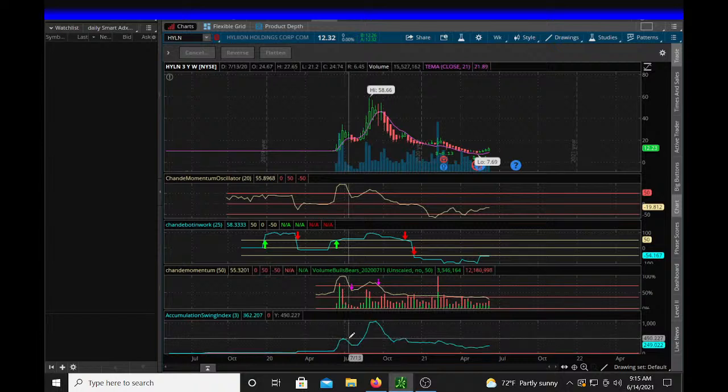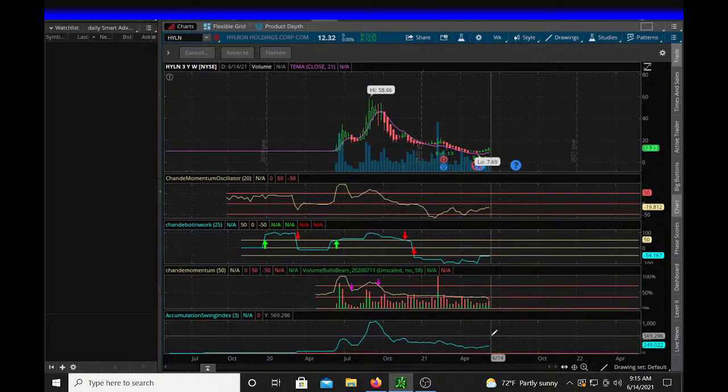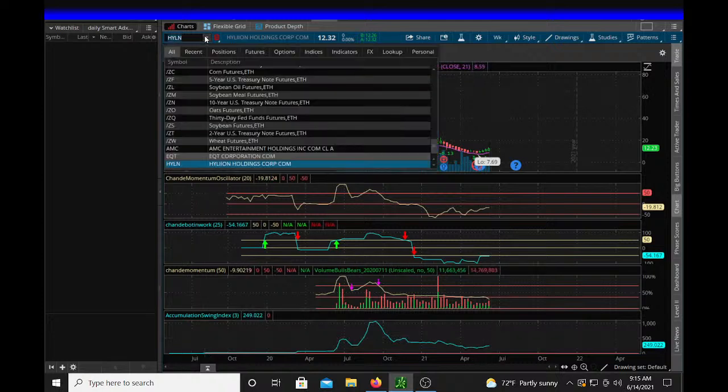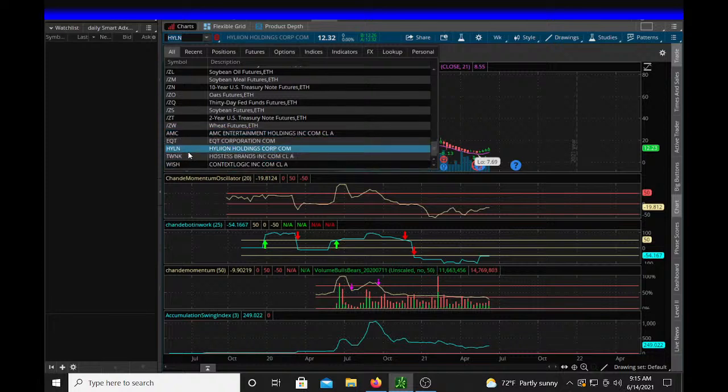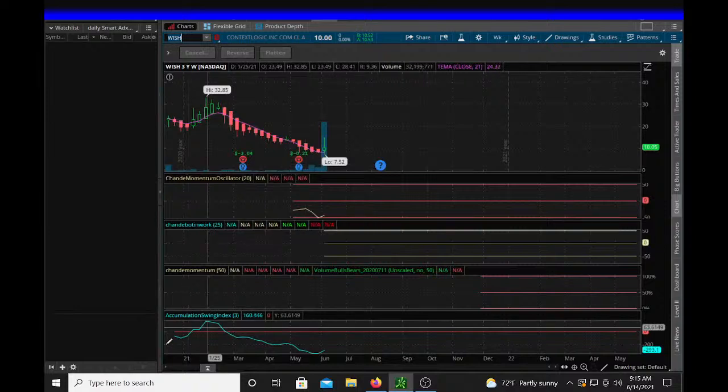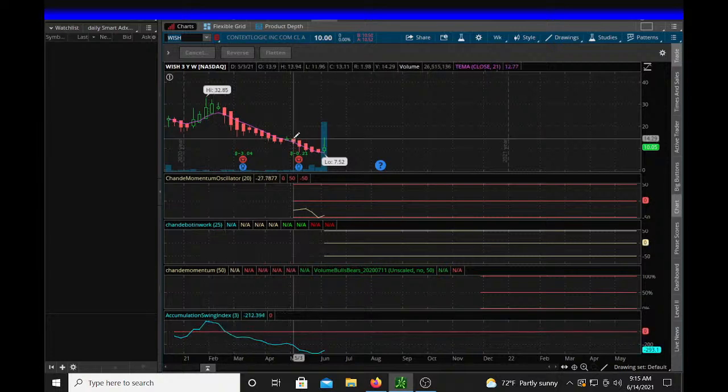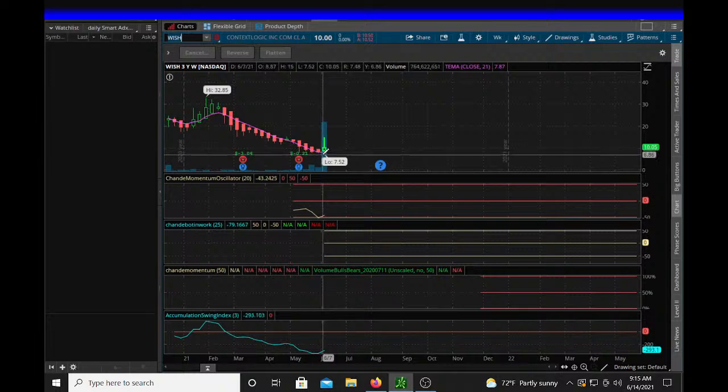Interesting. Yeah, I'm not really in love with that chart. It gets bullish here. And it looks like, yeah, Wish out here on the weekly, we're getting just under the TEMA.